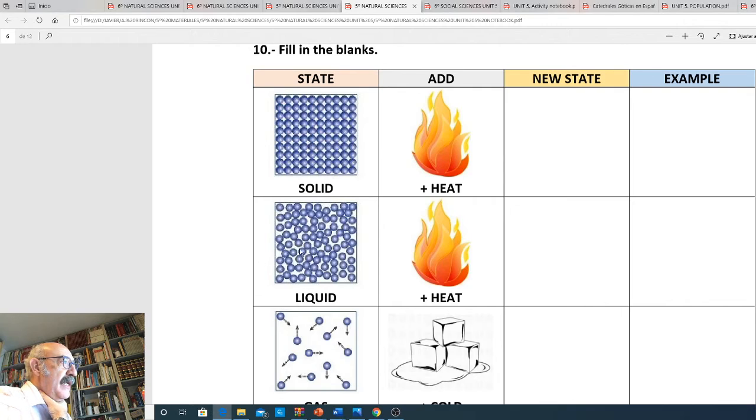Now you have liquid, and you continue to heat it up, and you can get this liquid turned into a new state, gas. An example could be when you put something in your oven and you see the steam. It's called vaporization.